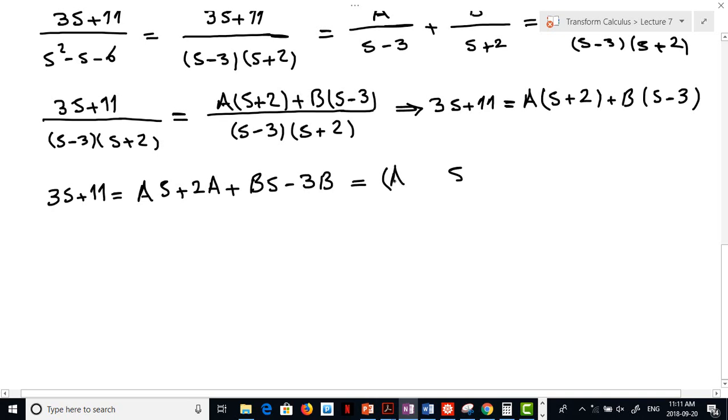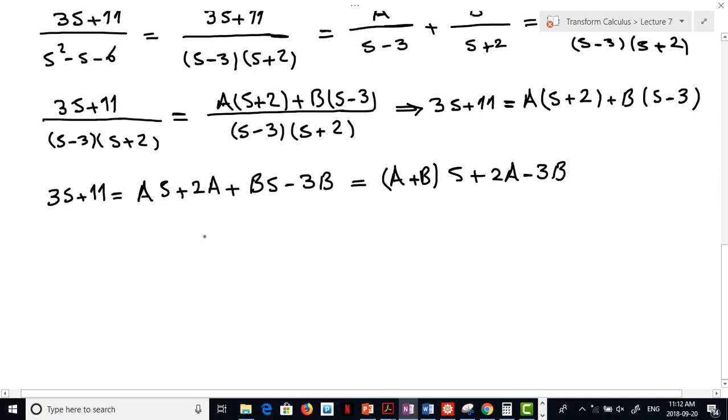We have A s plus B s plus B, and the rest is 2A minus 3B.